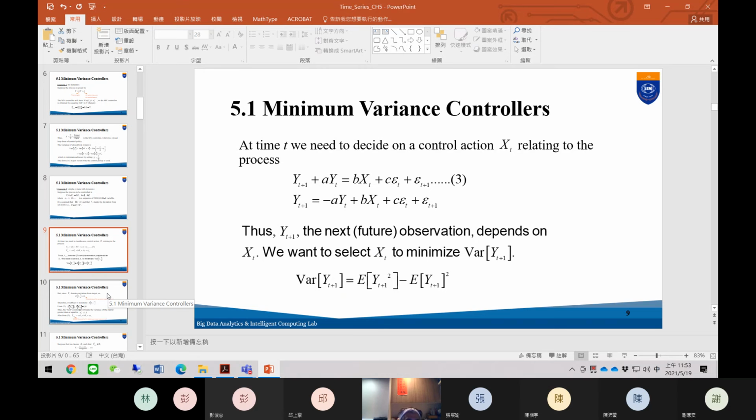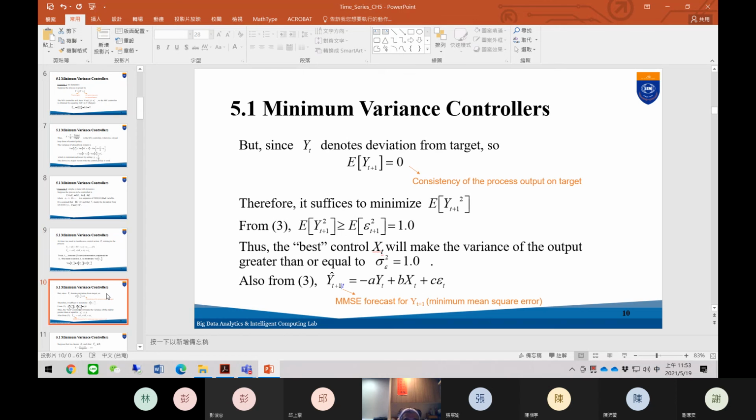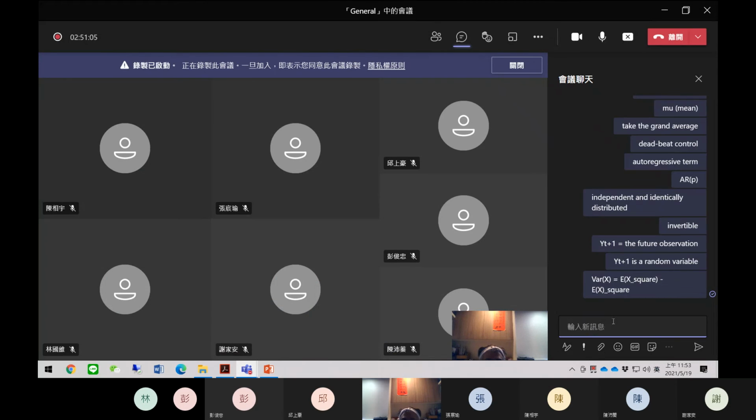It does not contribute any variability to the variance. So from 3, the minimum mean square error forecast for Y_(t+1), given t, is the one step ahead forecast.